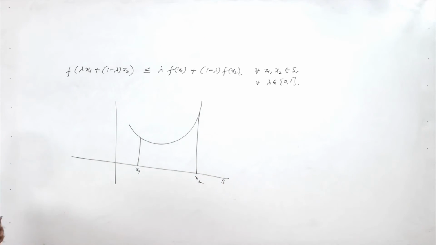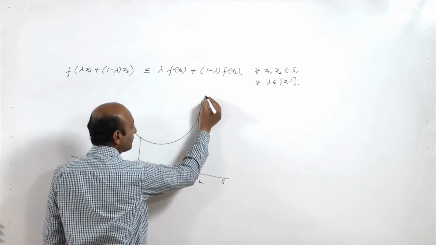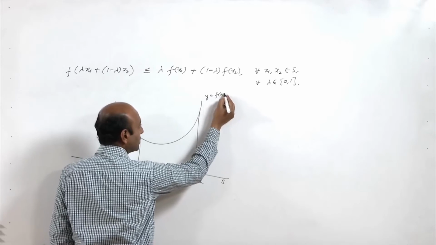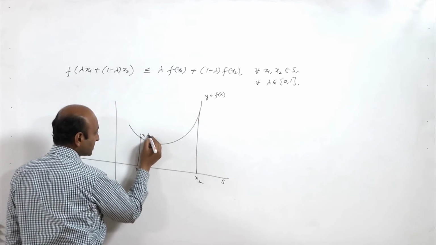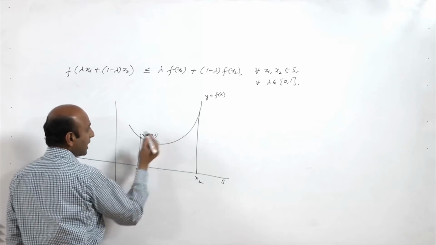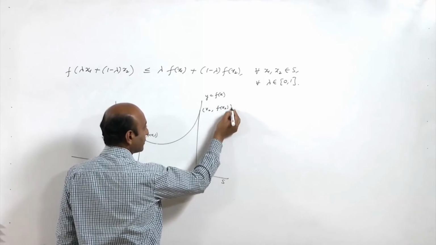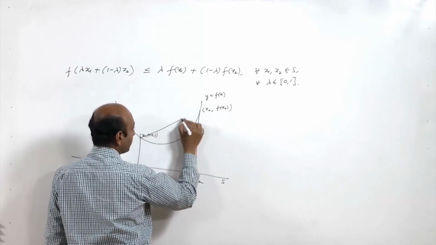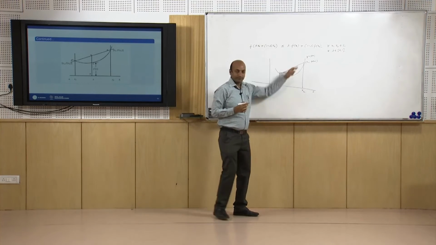Suppose this is S. This is the function y equals f x. So this point will be nothing but x1 comma f x1, and this point is x2 comma f x2. Now join the chord joining these 2 points.